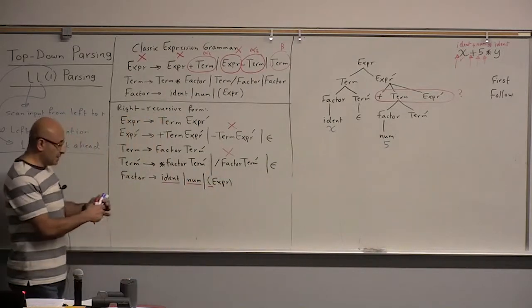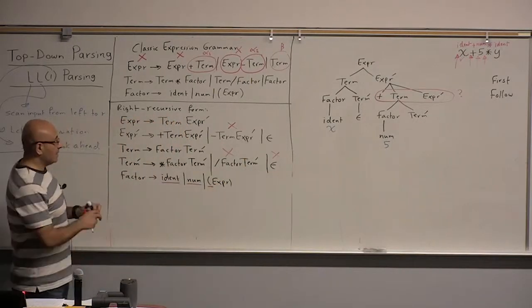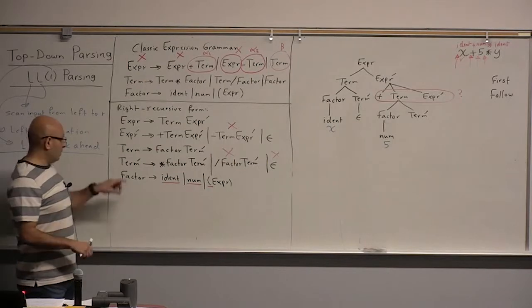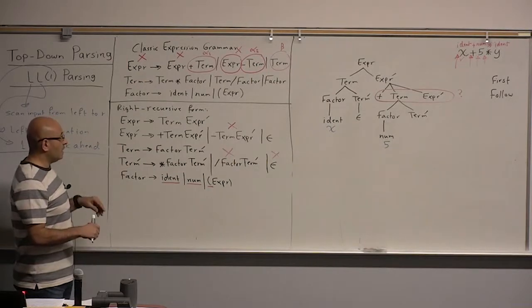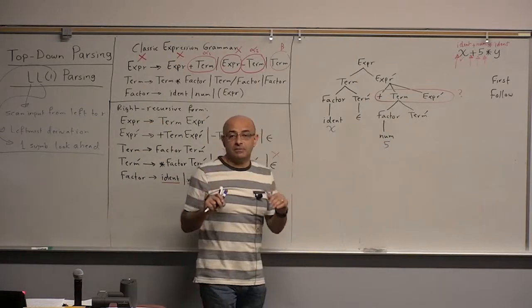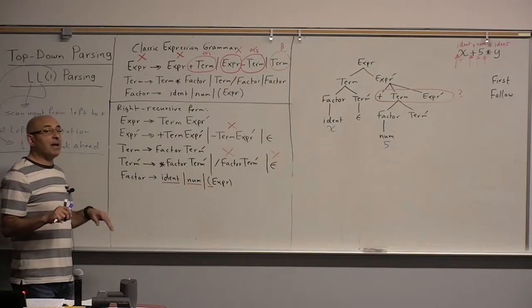But in fact, as we will see in a minute, it's not in the follow set of term prime. Intuitively, a term cannot be followed by a multiplication, because a multiplication will be in the middle of a term. A multiplication cannot appear after a term.